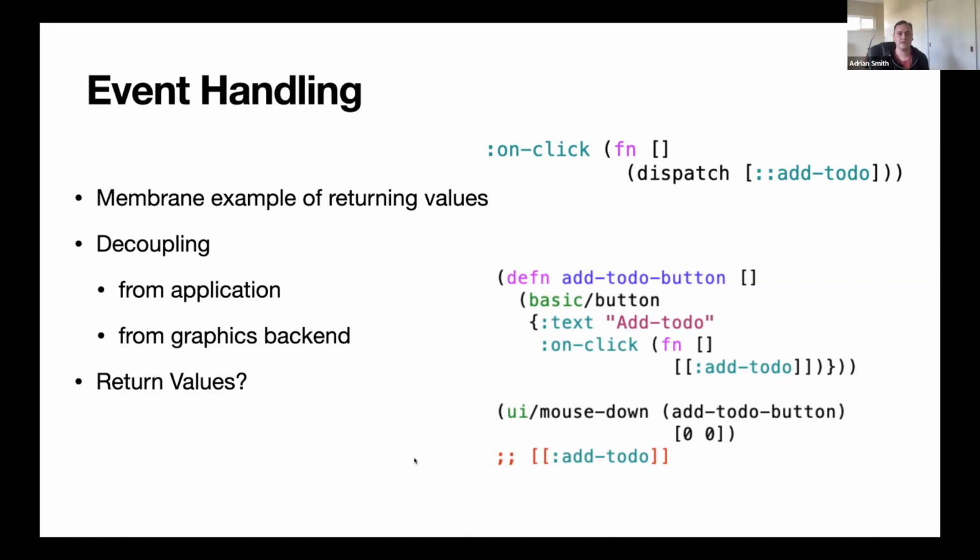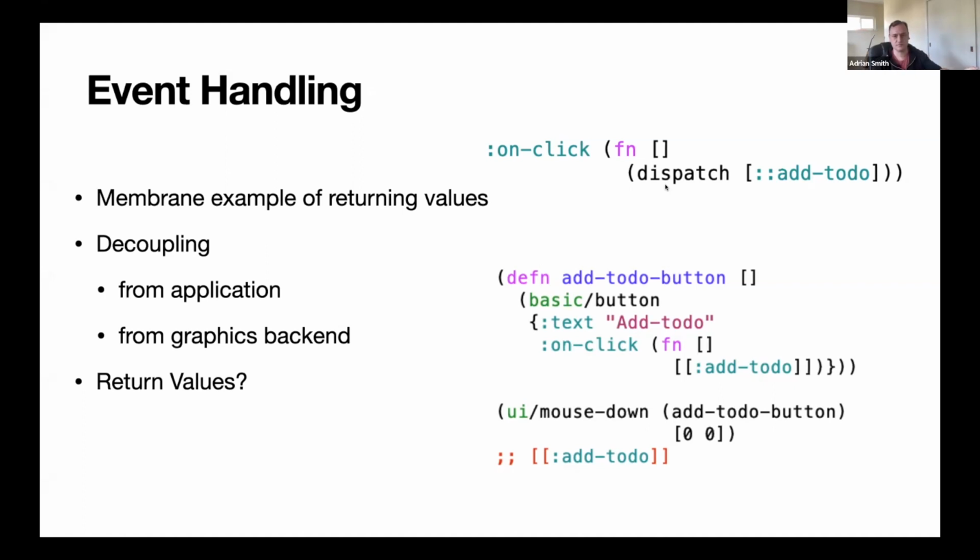But on the top here, we have an on-click handler, which looks like it does for most UI frameworks. Basically, somebody clicks the add to-do button and you immediately dispatch the side-effecting effect. So you're directly connecting the event with the effect.